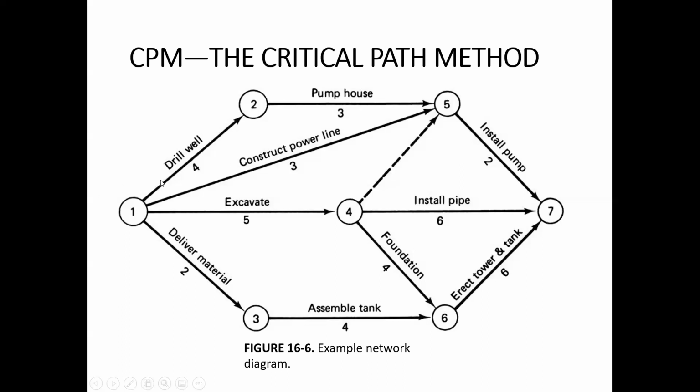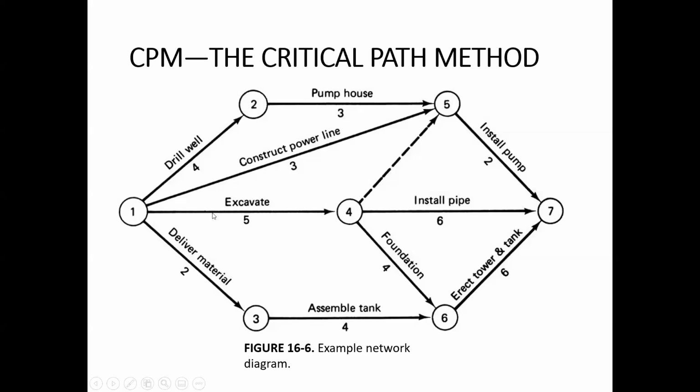But at the same time, when you are drilling the well, you can also start constructing the power line. So drilling the well and constructing the power line are two activities that can take place simultaneously.